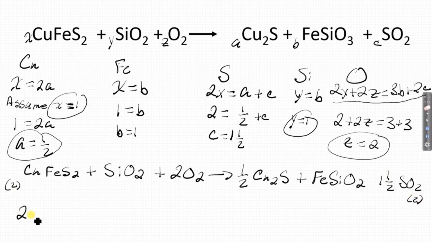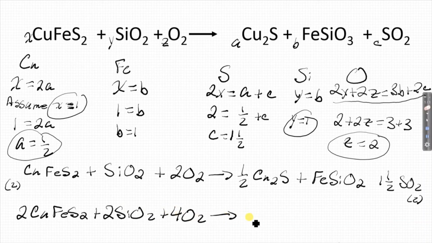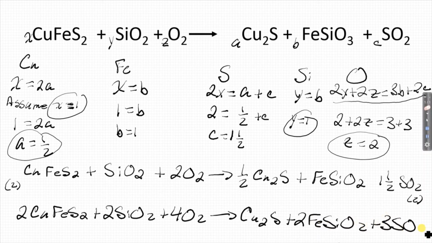So we can write our balanced equation now as 2 CuFeS2 plus 2SiO2 plus 4O2 goes to Cu2S plus 2FeSiO3 plus 3SO2. So here is the systematic way that we apply to balance equations.